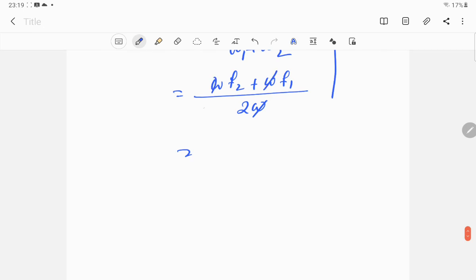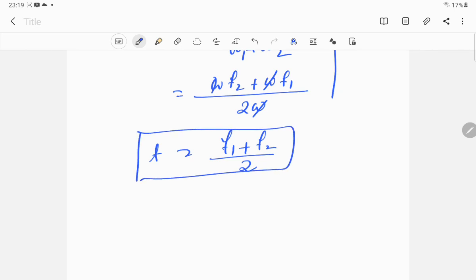So omega all gets cancelled. So what remains? f1 plus f2 divided by 2. So this is the condition for achromatic doublet separated by a distance with lenses of the same material. So this is a modified condition. So that's all for achromatism and conditions for achromatism.